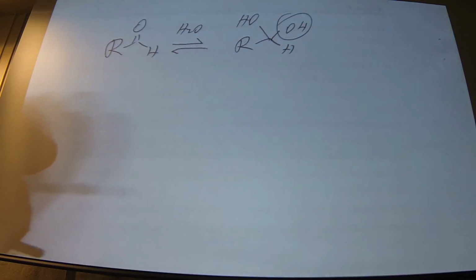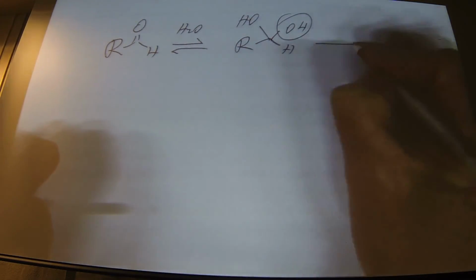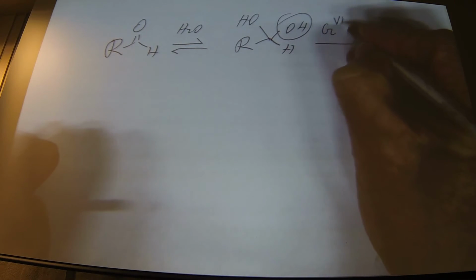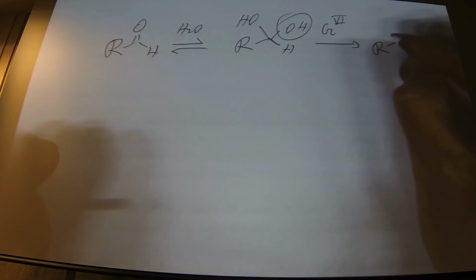So we said that you start out with an aldehyde and there's water, that you end up getting a hydrate. And now the hydrate looks like an alcohol, and this can be oxidized by chromium-6 to give you a carboxylic acid.